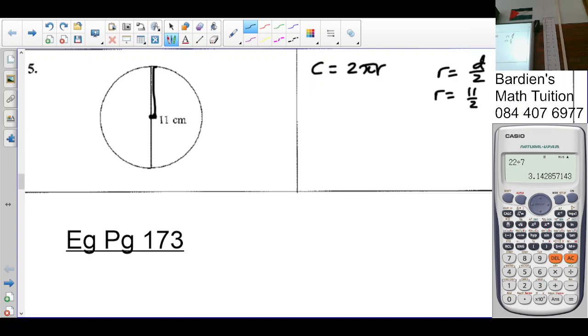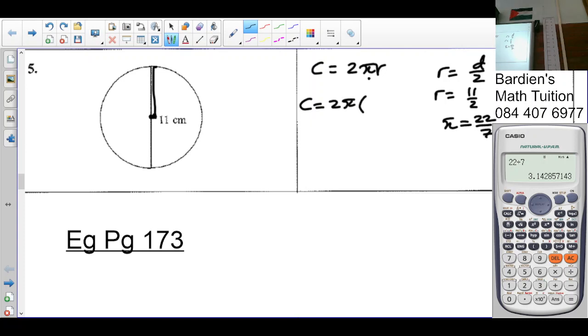5.5. So let's see, the circumference is equal to 2 pi r. What is pi? We said you're going to use pi to be 22 over 7. Now in the exam we will say use pi to be 22 over 7. Okay? You guys understand? So we can use it as 22 over 7 or keep it as pi.